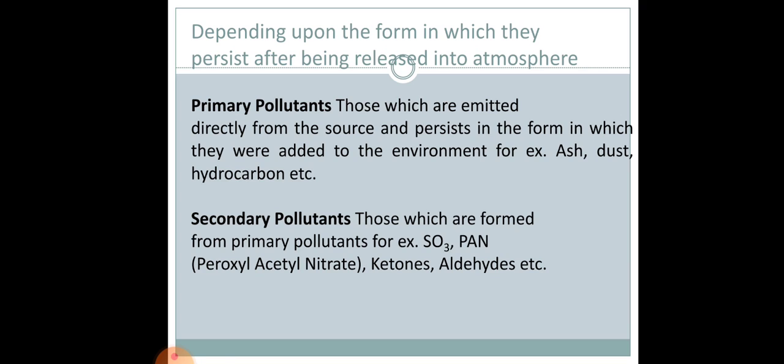The best examples for primary pollutants are dust, ash, hydrocarbons, etc. And secondary pollutants are those which are formed from the primary pollutants. By various chemical reactions, the primary pollutants take different other forms. So they are derived from the primary pollutants, and we call them secondary pollutants.